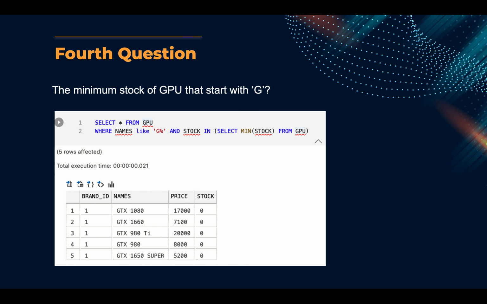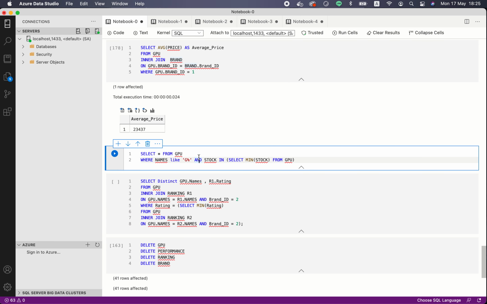Fourth question: the minimum stock of GPU that start with letter G. So we select all from GPU, from table GPU. The where condition is name like, which means starts with some letter, in this case G. And the stock has the minimum stock from the GPU table.